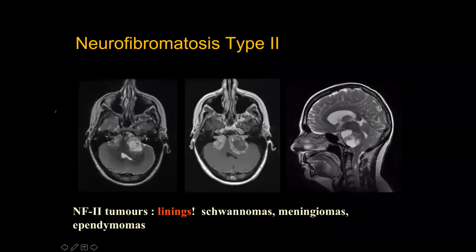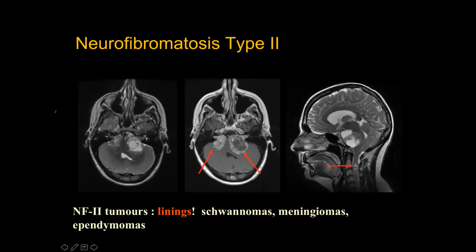NF2, I think of as the lining tumors, tumors of linings. What lines a nerve, the cranial nerves? Schwann cells, so you get schwannomas. What lines the brain? Meninges, so meningiomas. What lines the ventricles? Ependyma, so ependymomas. So these are bilateral CP angle tumors going into the IAMs, bilateral vestibular schwannomas. In the spinal cord, ependymoma.